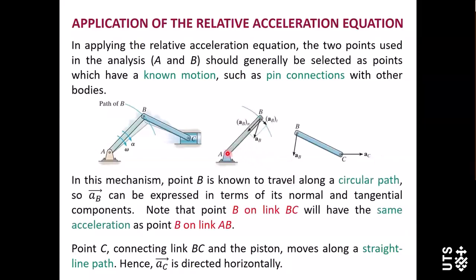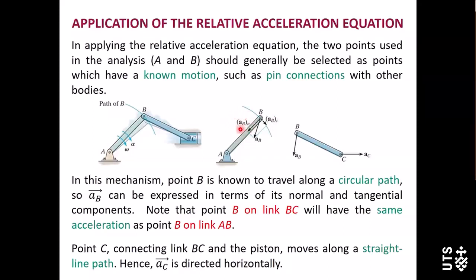Let's look at link AB. Link AB is undergoing rotation about a fixed axis through point A. So at point B, we know its acceleration must have 2 components. One is the tangential component, another one is the normal component.